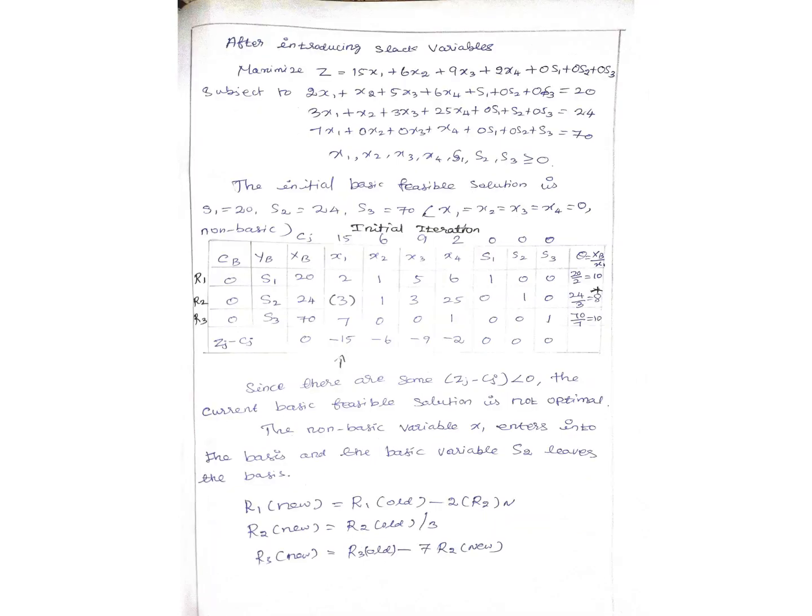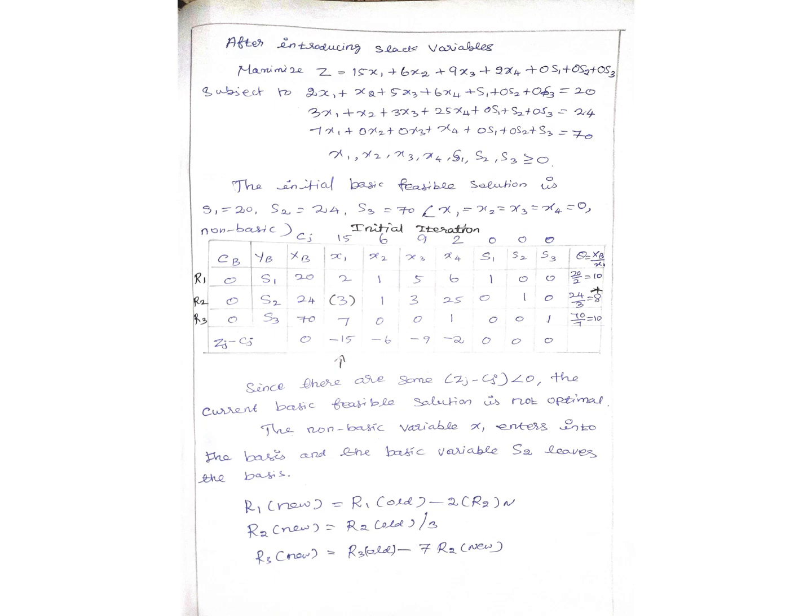The objective function is maximize z is equal to 15x1 plus 6x2 plus 9x3 plus 2x4. When three constraints are given, while you write the three constraints, you will need to add slack variables along with them.